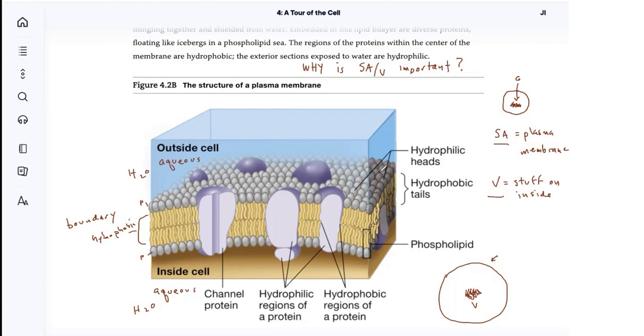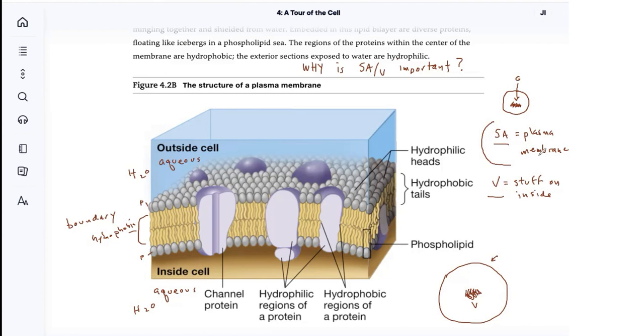But right now you want to think of, well, what is it about surface area to volume ratio that's so important to the cell that it needs to be maintained at a high level, thus making cells unable to grow very large? That's because the plasma membrane, the actual membrane that separates the cell from the entire exterior world, is kind of like the cell's mouth.